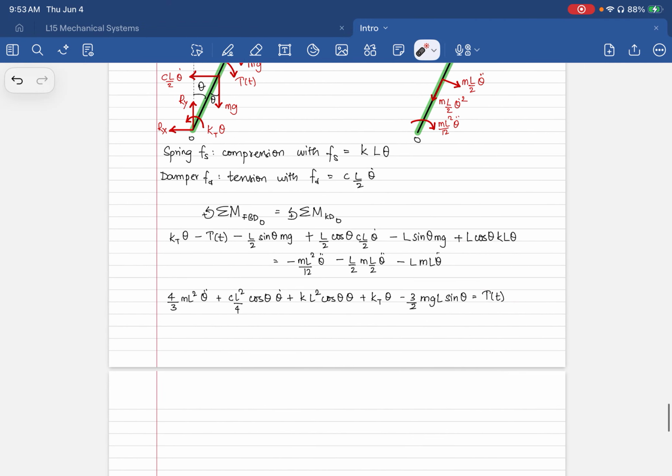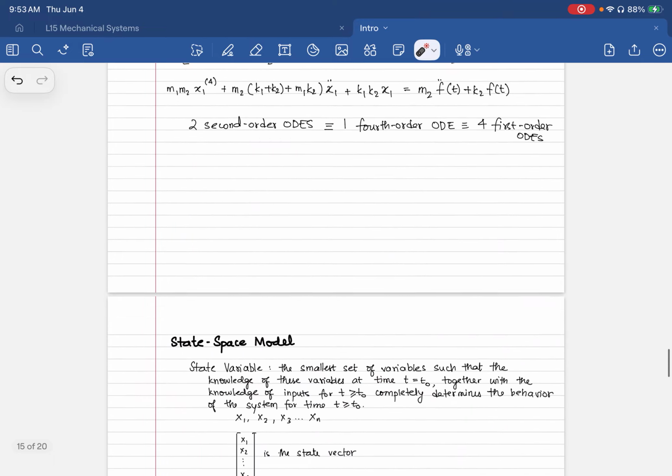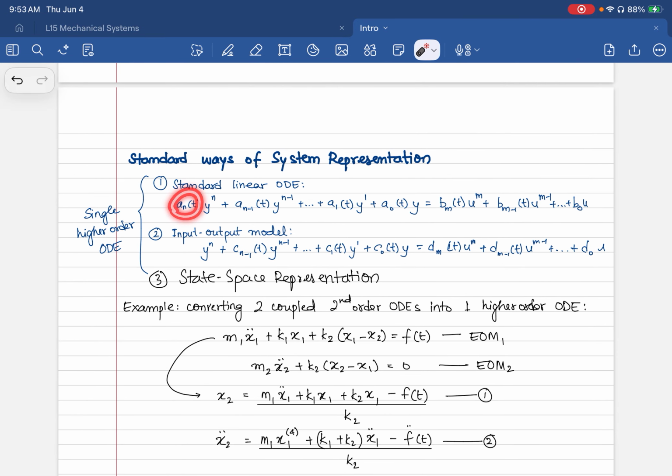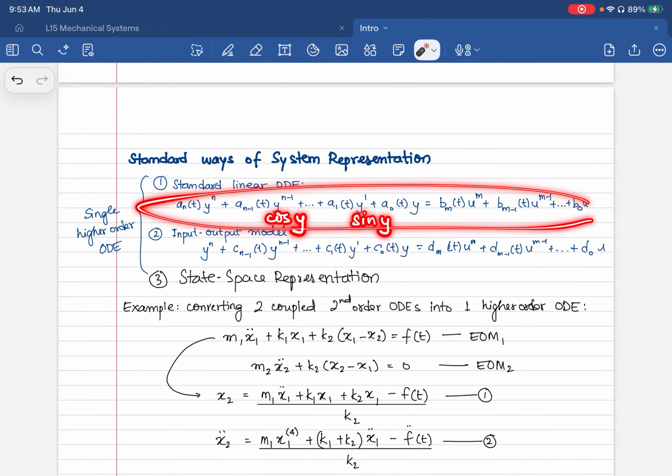So a linear ODE must be able to fit this representation where you have some constant times your variable differentiated however many times, another constant times it differentiated again a fewer number of times, and so on. There's no cos of your y or a sine of your y, so it's not in the linear form.